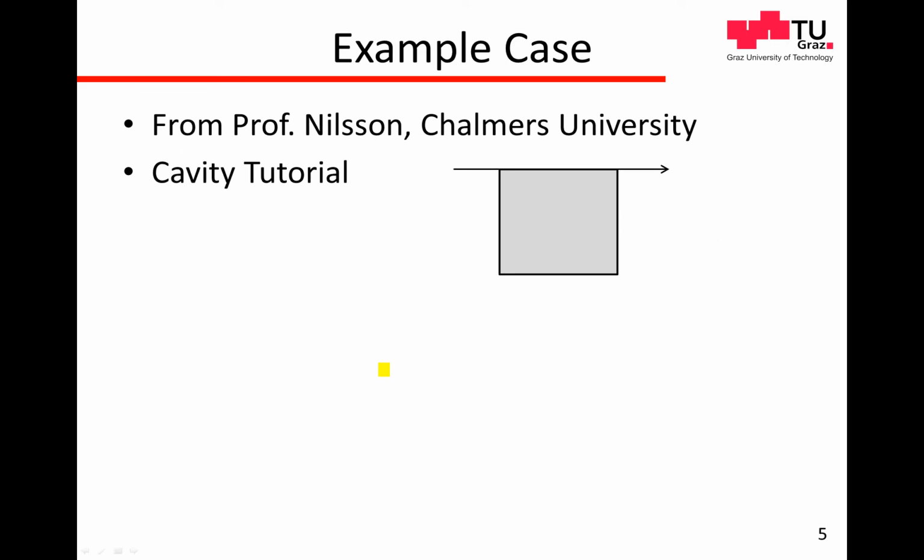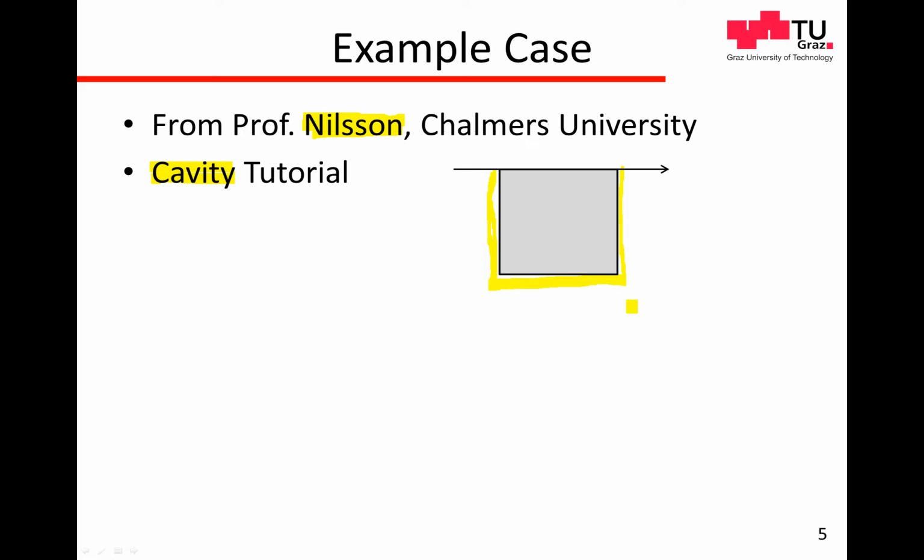So let us now briefly look at this very primitive standard example case. It is the cavity tutorial, and I have borrowed the slides of Professor Nilsson from his training course to explain this case to you. Essentially what we have is a box, and on three sides of this box we have walls.